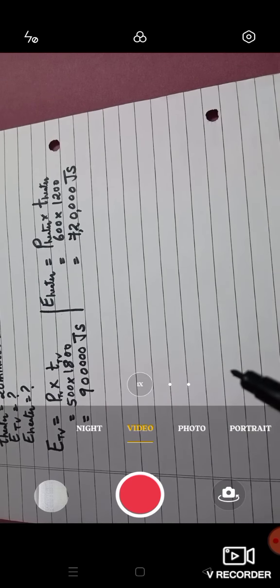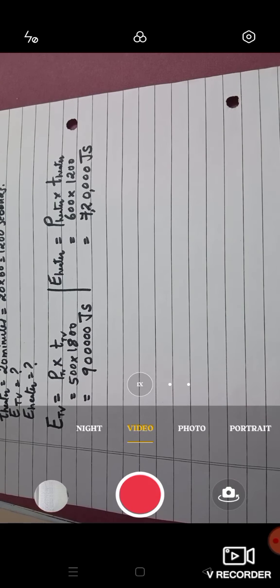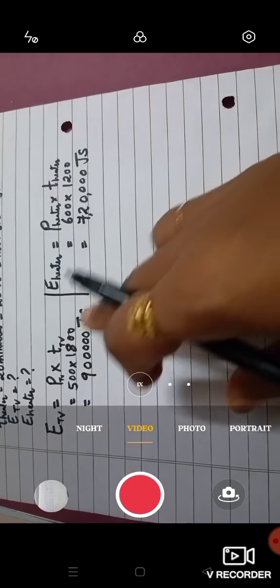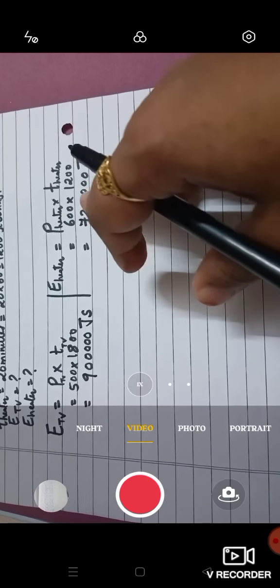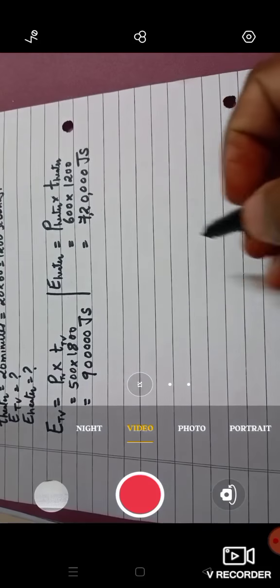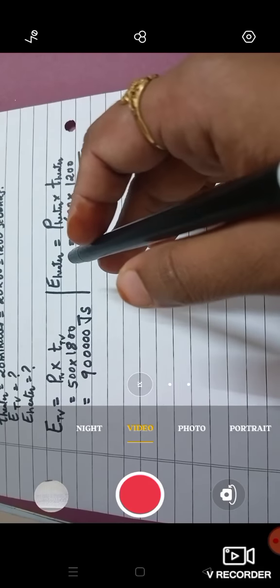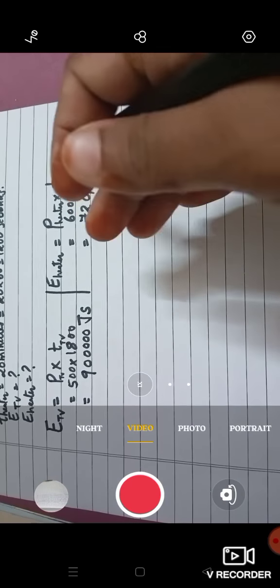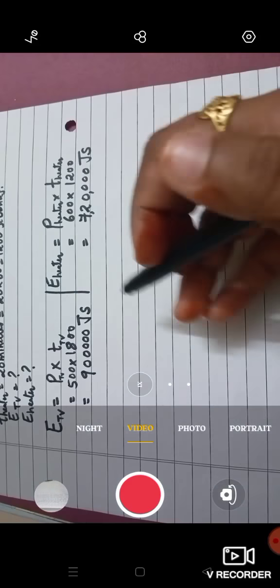Now we will compare. The TV has used 9 lakh joule energy and the heater has used 7 lakh 20,000 joule energy. It means the heater has consumed less electrical energy. So we need to write the answer at the end. The question has been asked which will spend more electrical energy.